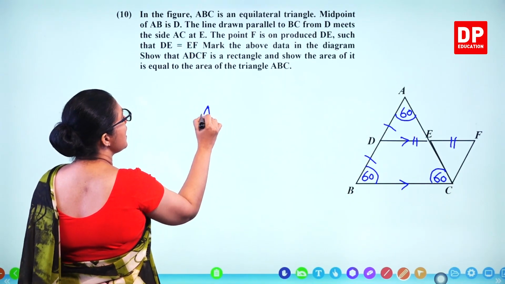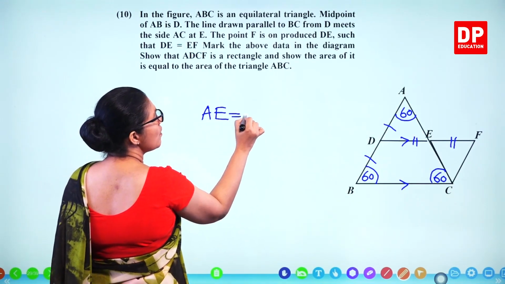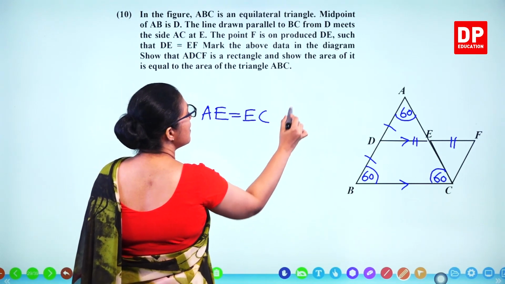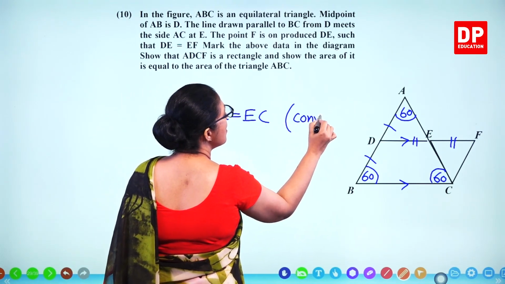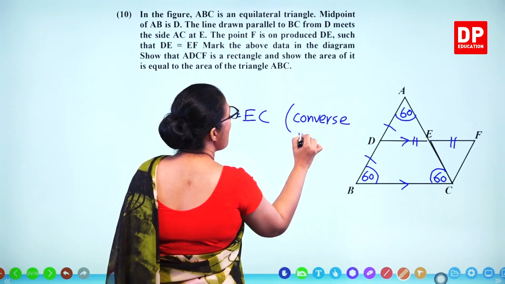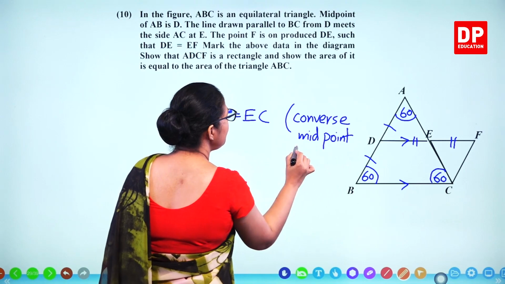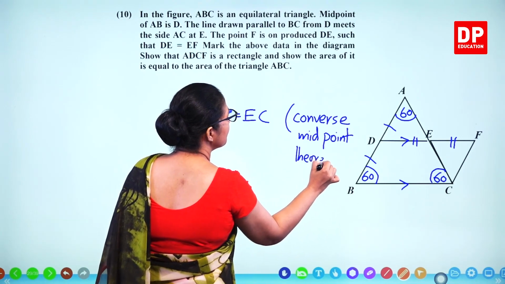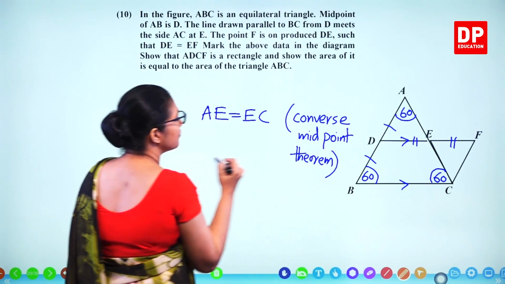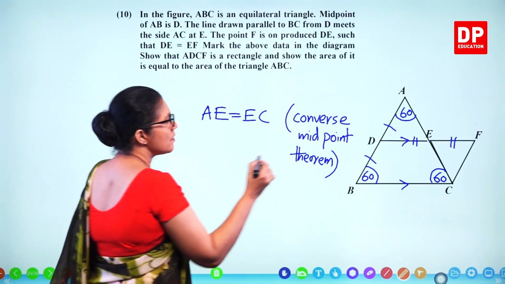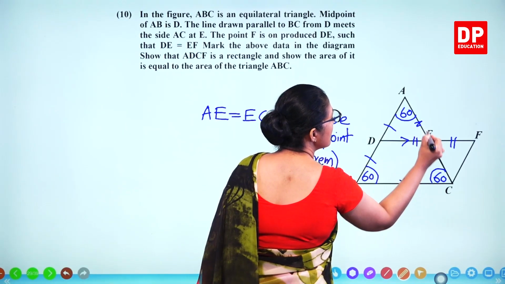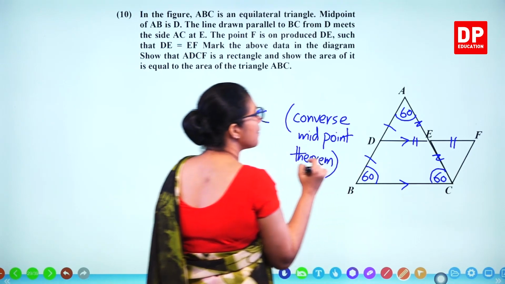So we can say AE is equal to EC according to the converse midpoint theorem. So this length is equal to this length.